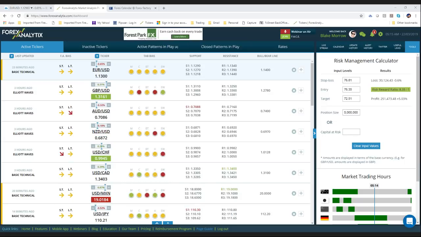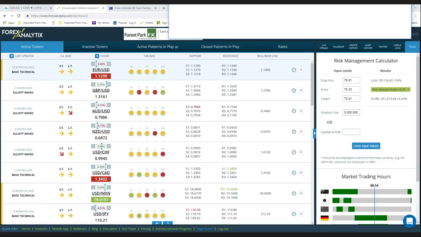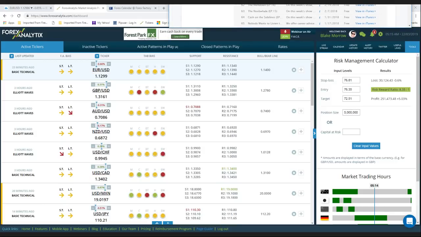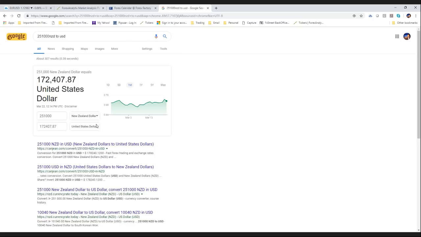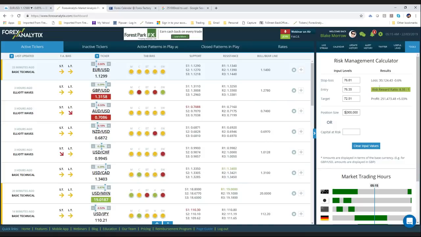That's not 251,000 in US dollars, it's 251,000 New Zealand dollars, and then I can see what my gain would be if I got limited out, which would be 172,000 US dollars, because this always calculates back to your base currency.